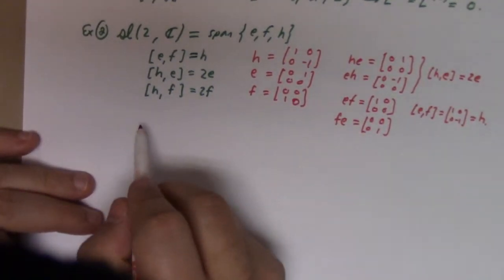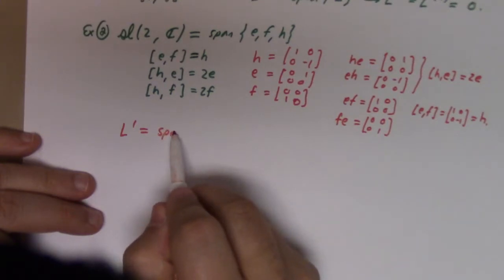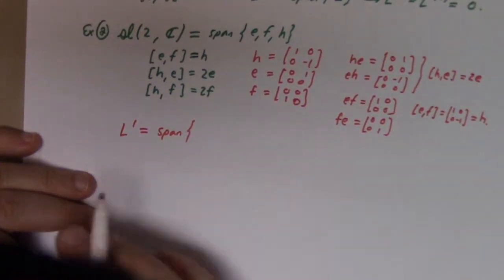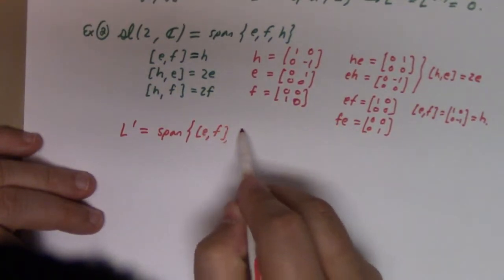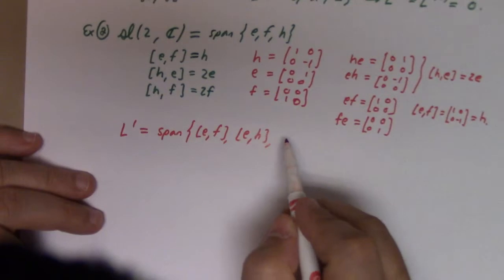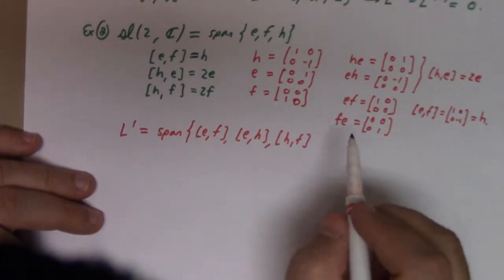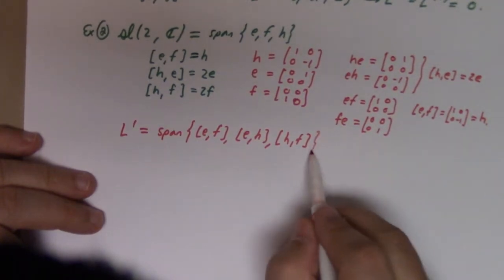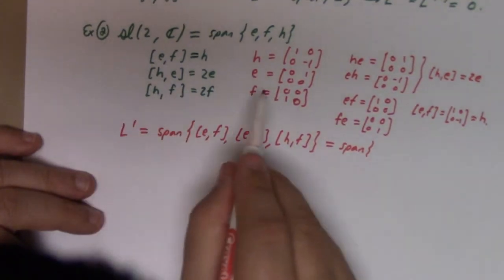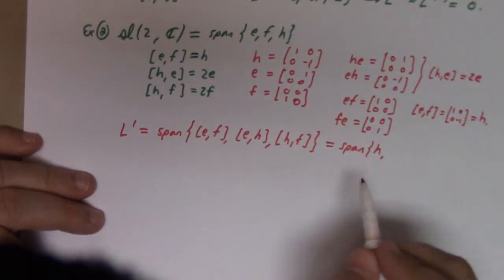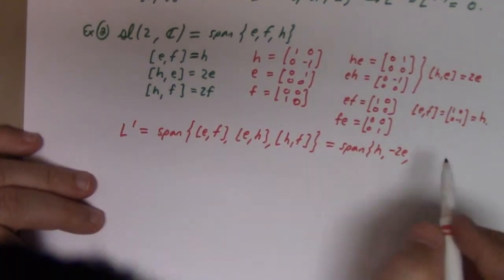Okay, so in this example, if we look at L prime, we have the span of basically all possible commutators. So you've got E and F, E and H, and H and F. I think that's pretty much it in terms of distinct doubles. But of course, that's exactly the span of, well, E and F is H, E and H is minus 2E, and H and F is 2F.